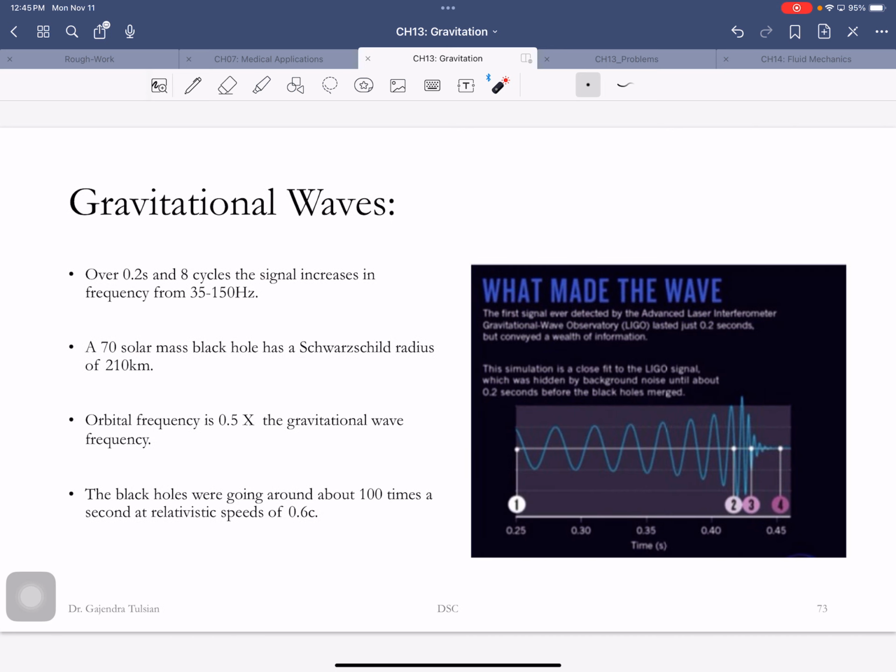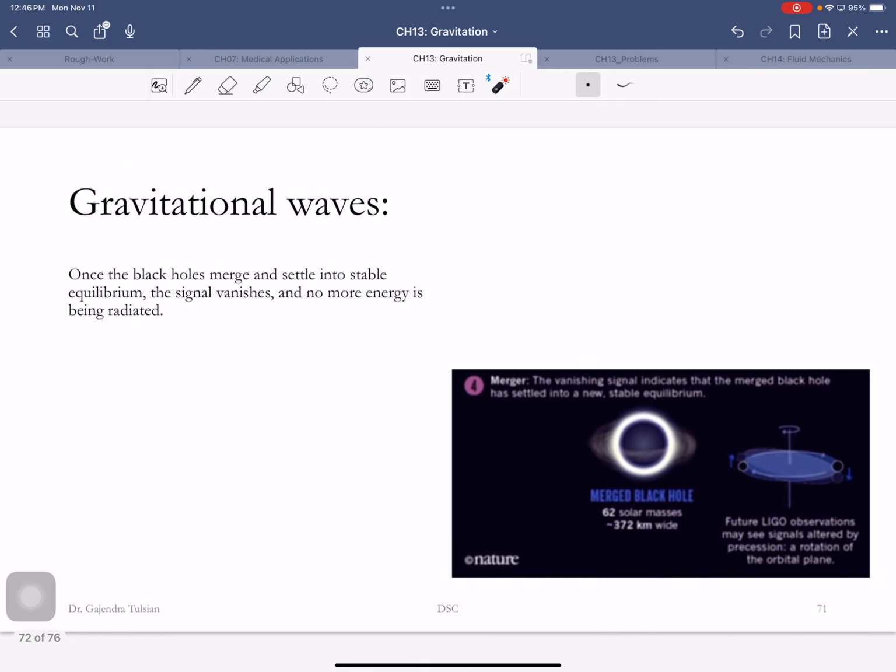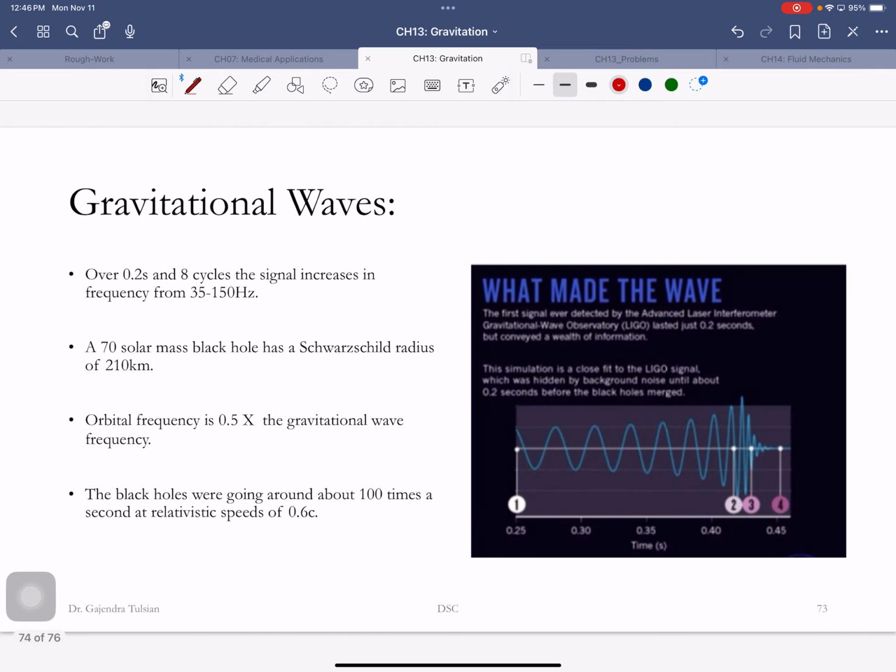All right, again, this is two black holes going around each other. One of them is a 29 solar mass, the other one is a 35 solar mass object. These black holes were traveling at 60% the speed of light. Extremely violent event. To put it in perspective, you can do an easy calculation.